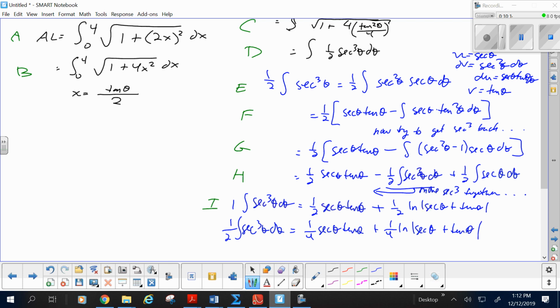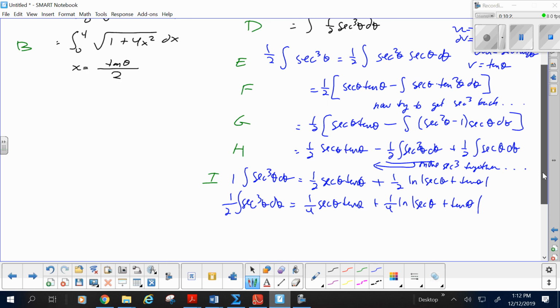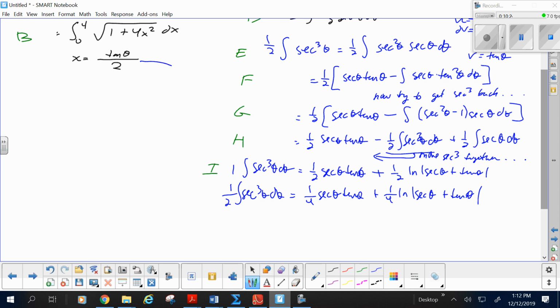You down? Okay, what else is the problem before I bring it back and go from 0 to 4? It needs to be an x term. So, if 2x equals tangent theta, then a triangle is opposite 2x, adjacent 1, hypotenuse root of 4x squared plus 1.